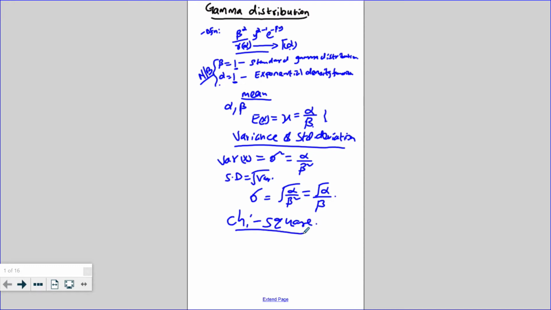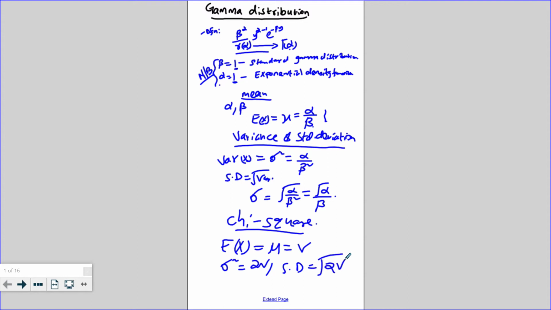In case you are given a chi-square, suppose x is a chi-square random variable with, say, 3 degrees of freedom, then the mean is the same as the degrees of freedom, phi. That gives you the mean, and of course the variance, sigma squared, is given by 2 phi, and its standard deviation will be the square root of 2 phi.